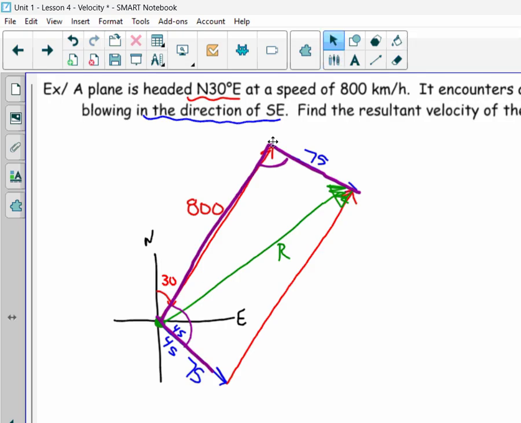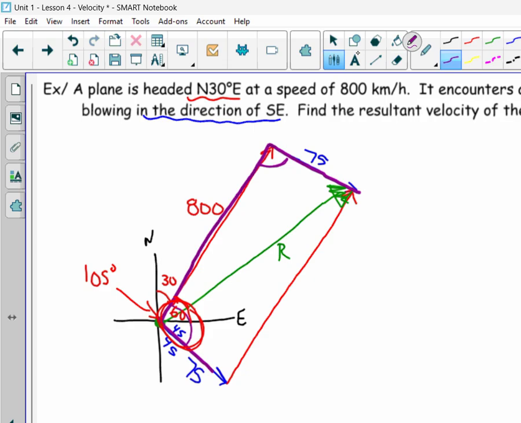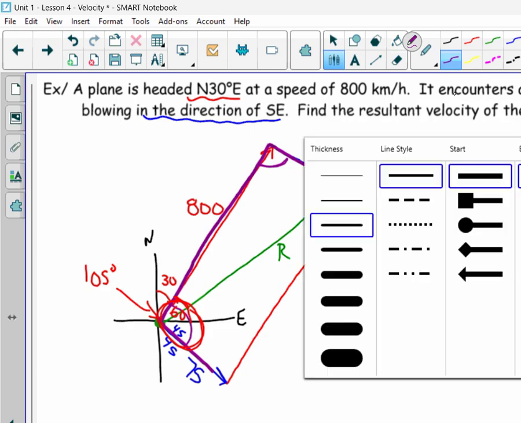So let's fill in some more numbers over here if we could. Okay, thinking about that original red line, we said it was 30, which makes this 60, which means this entire angle down here, 60 and 45 together, is 105, which makes our one at the top, based on that C pattern, 180 minus 105 should be 75.